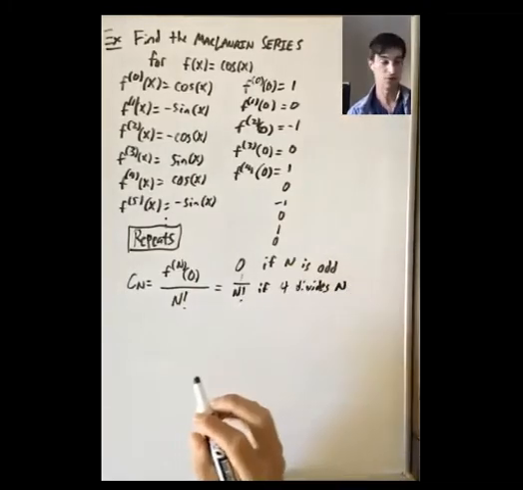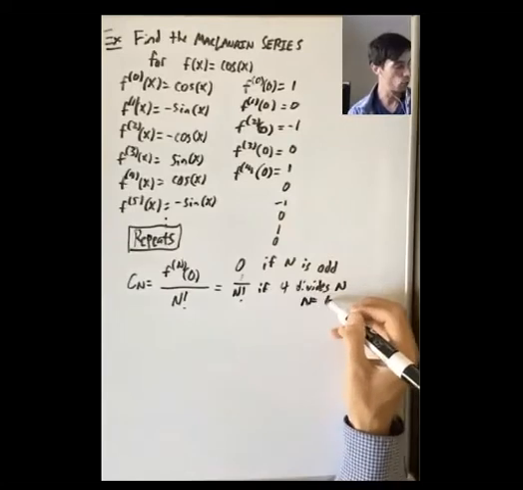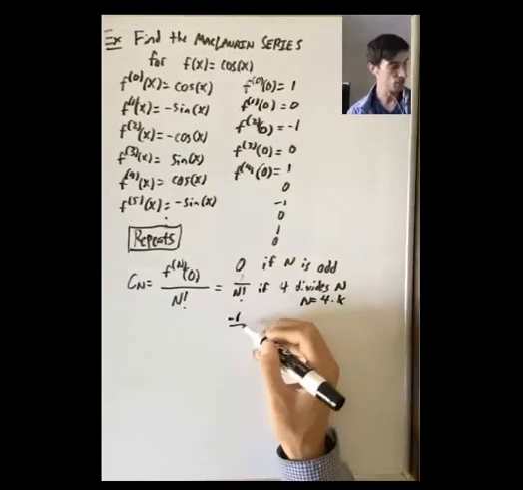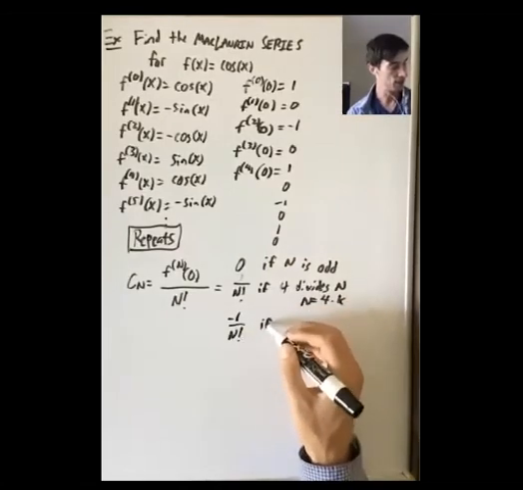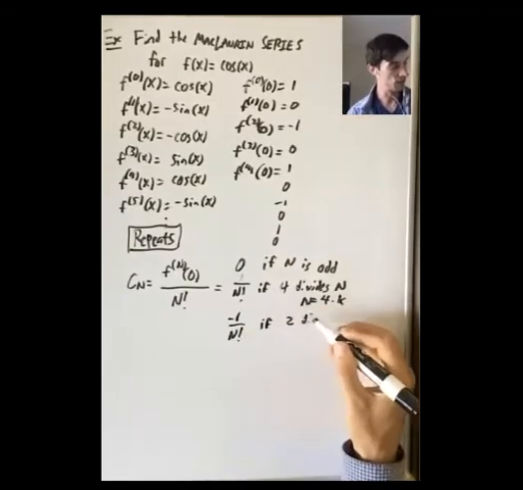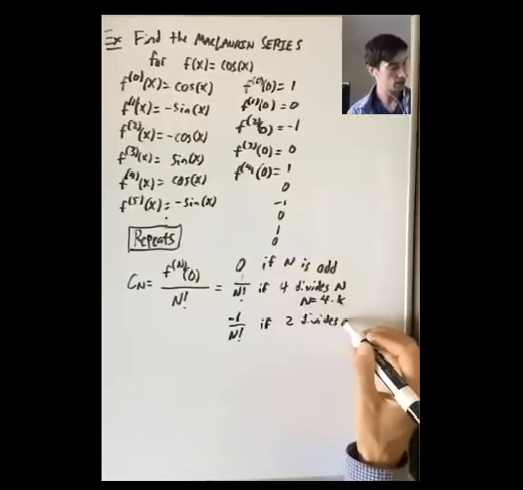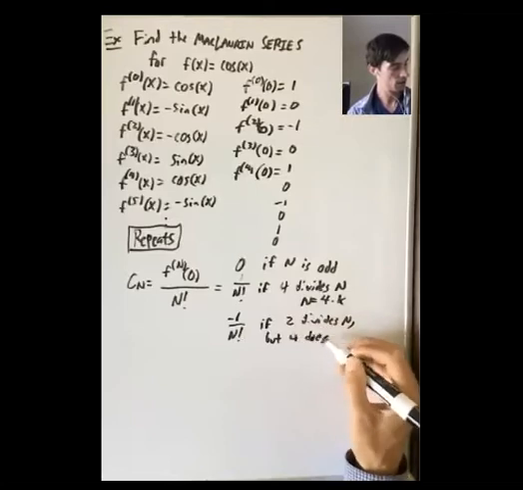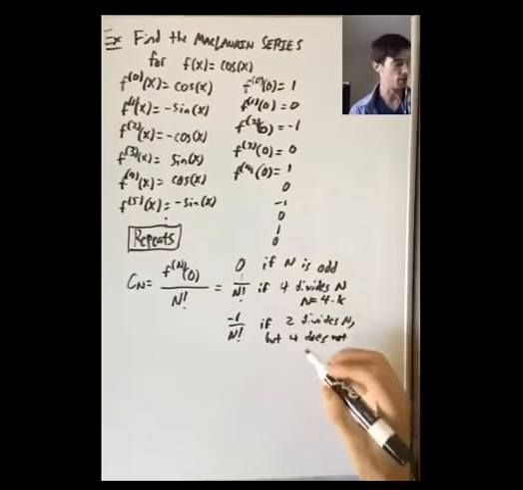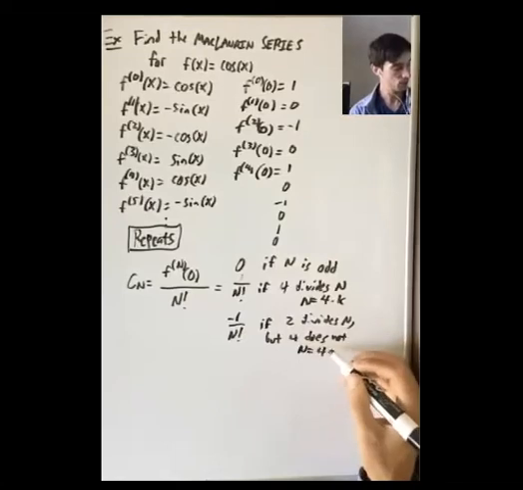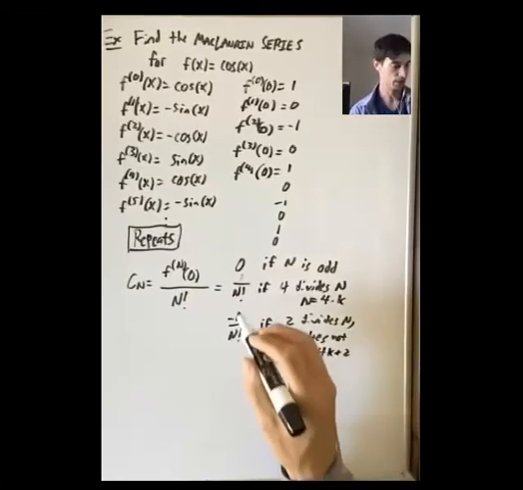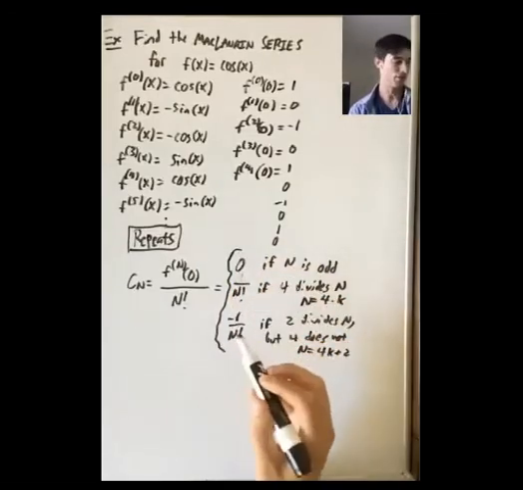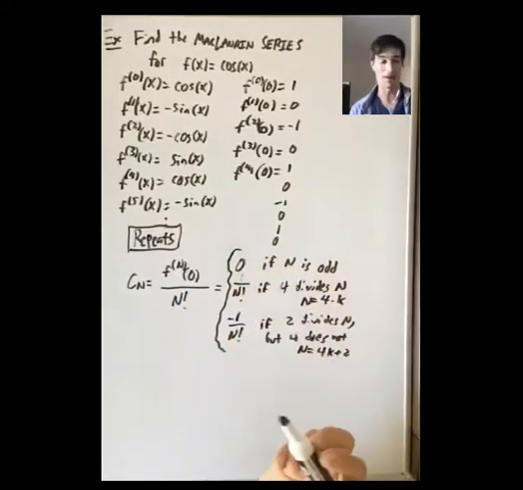If it's a multiple of 4, so like if n equals 4 times some integer k, we're going to get -1 over n factorial if 2 divides n, but 4 does not, which means you're 2 more than a multiple of 4, n equals 4 times k plus 2. Okay. So this is a description of what these Cn's are going to be for all values of n.